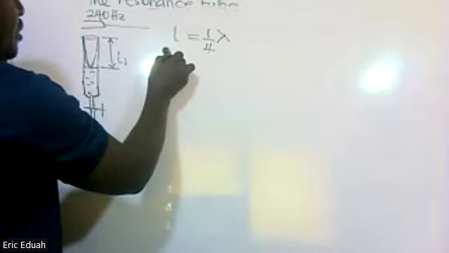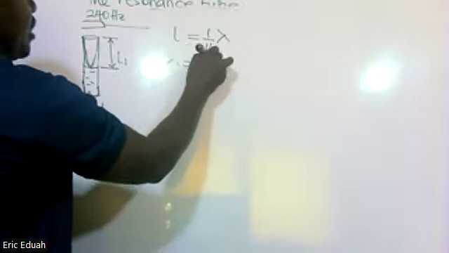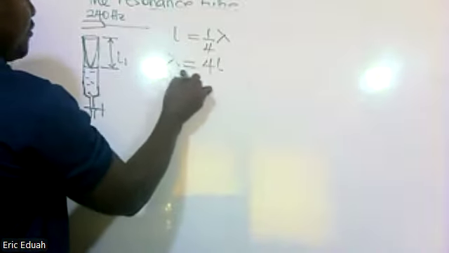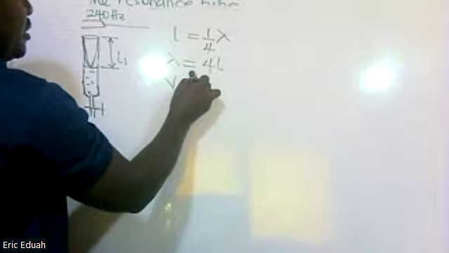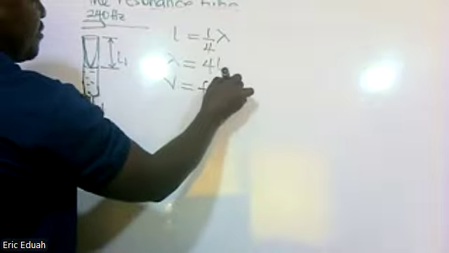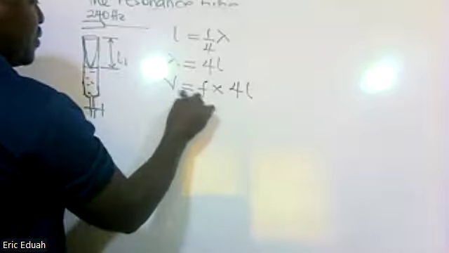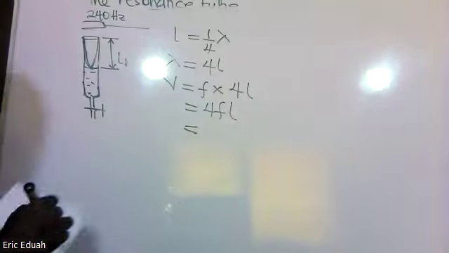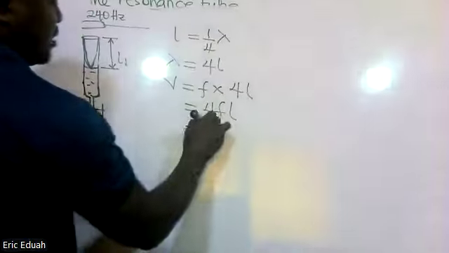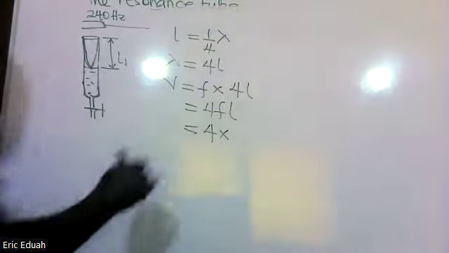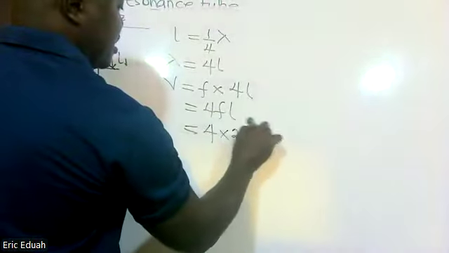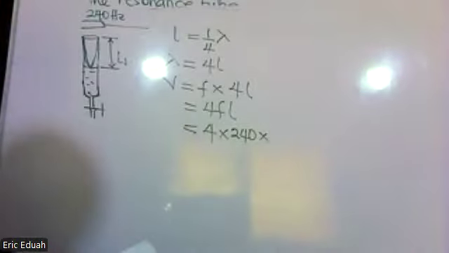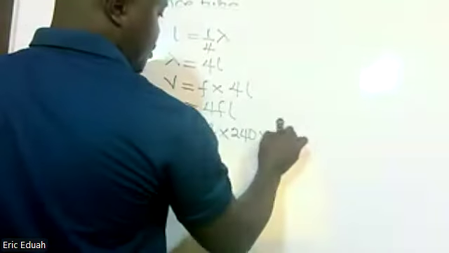Therefore, lambda is equal to 4L. V therefore will be equal to F times 4L, which is 4 times FL. So once the frequency is 240 times the first resonance position, 0.34.